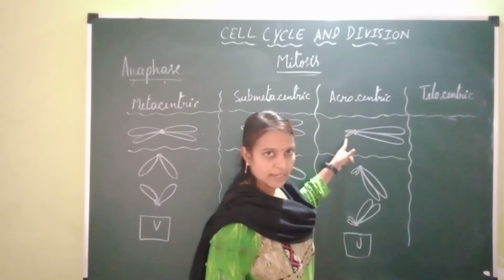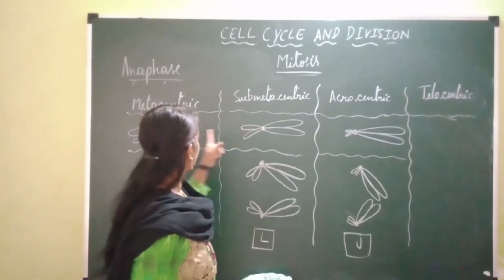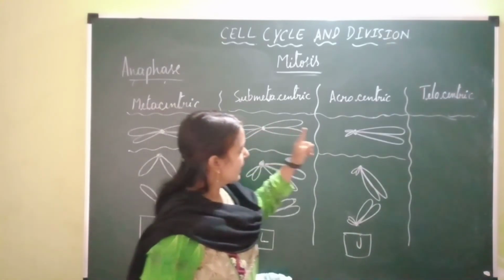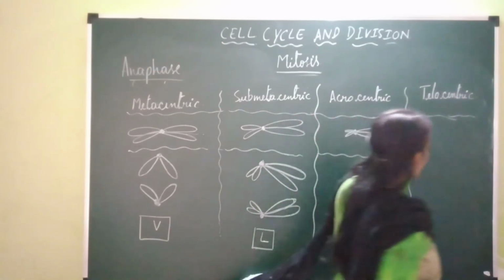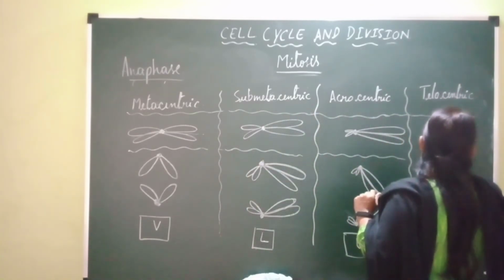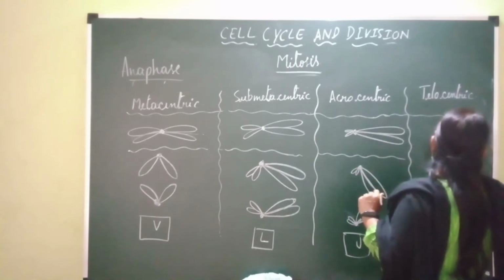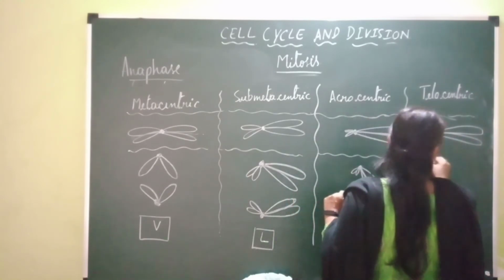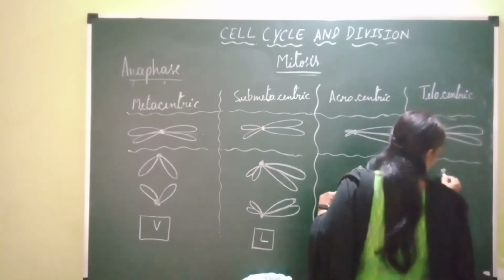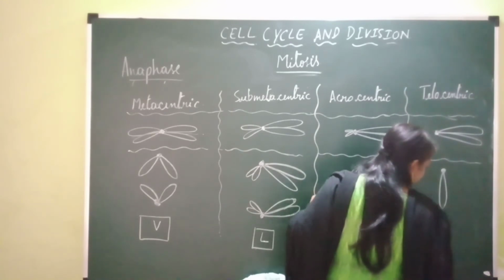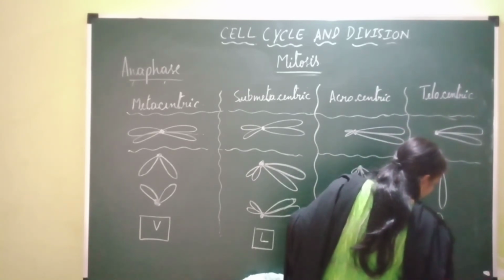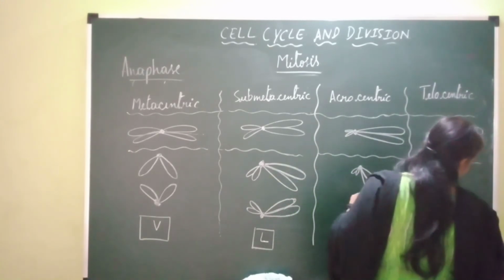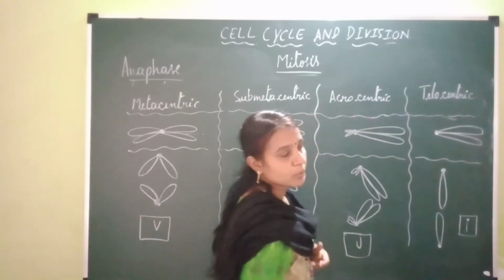After splitting of this centromere, the centromere is present at the leading edge, and there is only one arm, and they appear I-shaped during their movement towards two opposite poles of the cell.